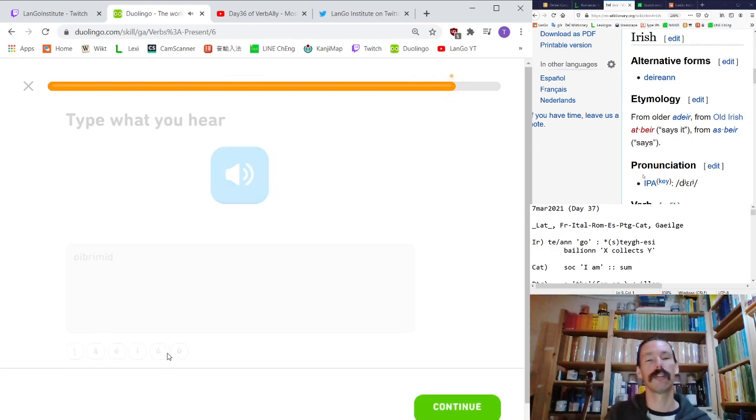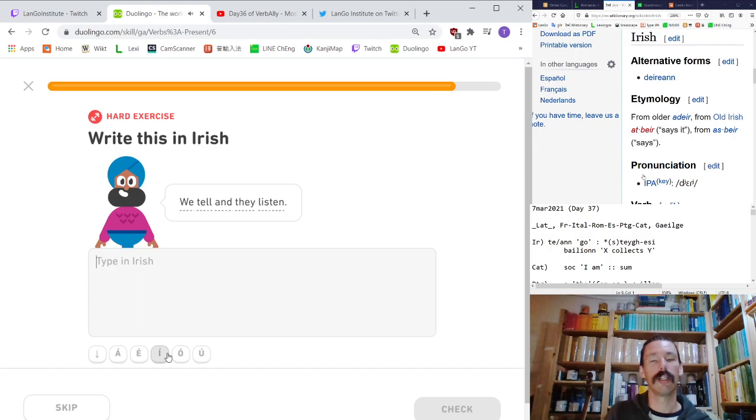Midge. We tell and they listen. Tell was inshimage. The we form, fused. And they listen. Agus, eishchen, it's accented properly.